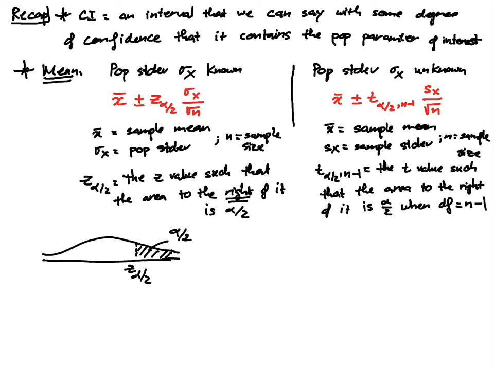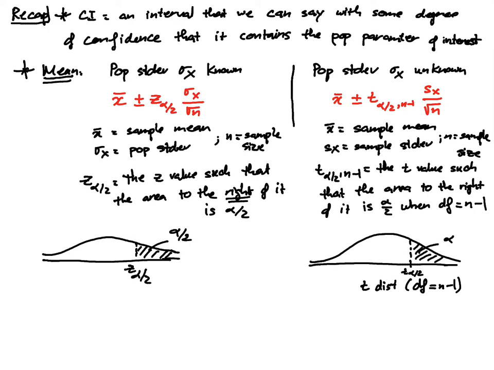Again, in other words, if you were to draw the t distribution, remember the t distribution is also a bell-shaped distribution, so if this is the t distribution with n minus 1 degrees of freedom, and this is your t sub alpha over 2, then the area to the right of it, the shaded area here, is alpha over 2.